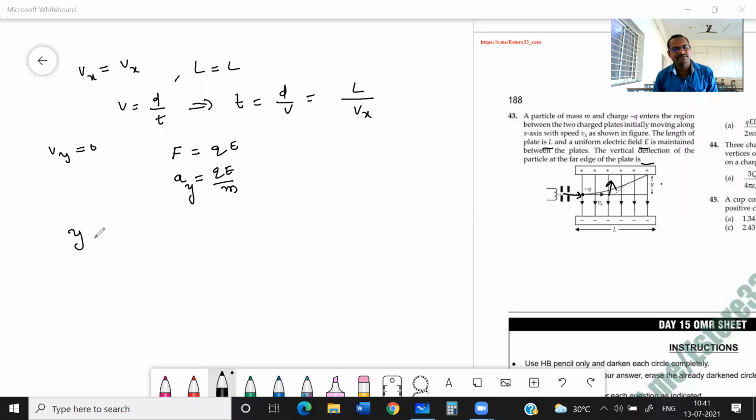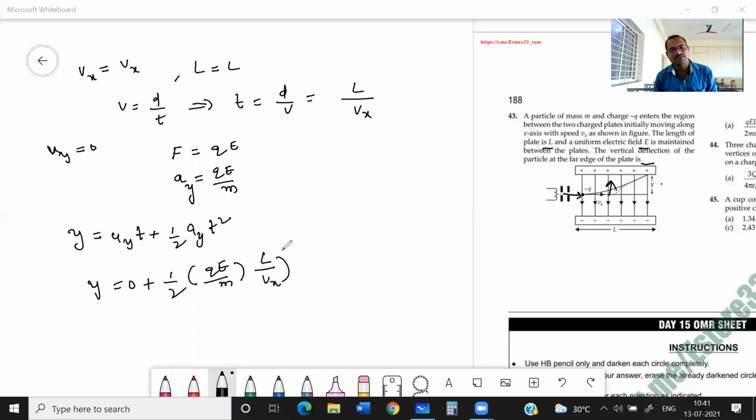As you know, y can be written as uy t plus half ay t square. This uy is 0, so y is equal to 0 plus half into QE by m into (L by Vx) whole square. So the deflection can be written as QE by 2m into L square by Vx square. This should be the answer.